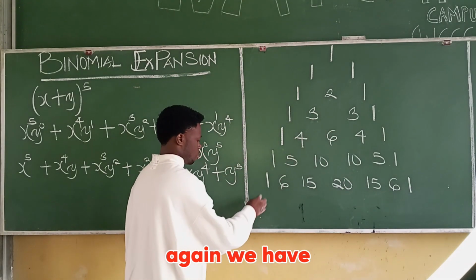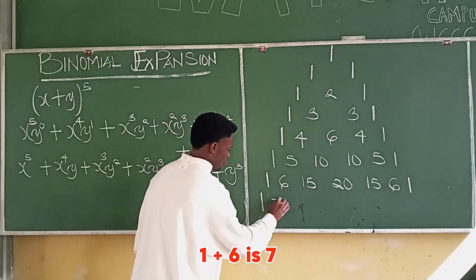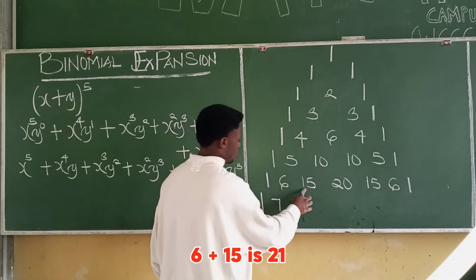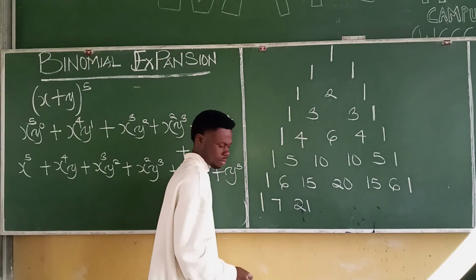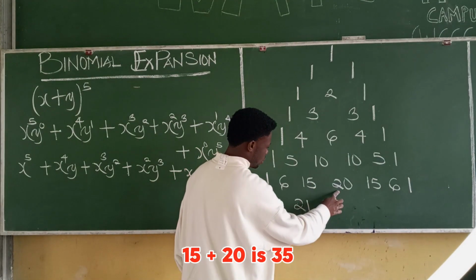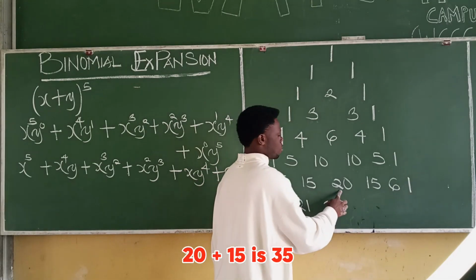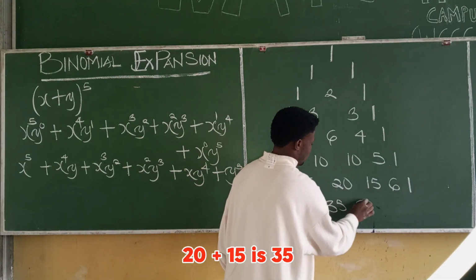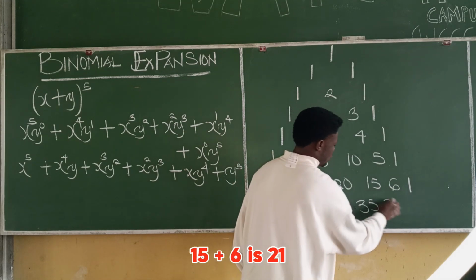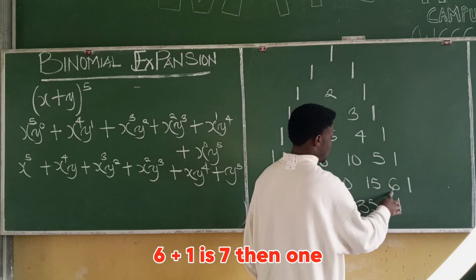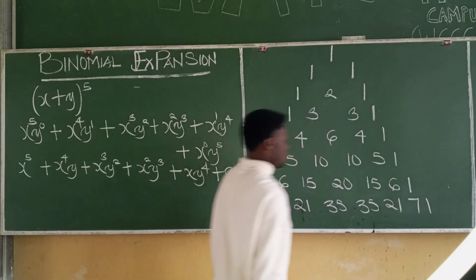Again, we have 1. 1 plus 6 is 7. 6 plus 15 is 21. 15 plus 20 is 35. 20 plus 15 is 35. 15 plus 6 is 21. 6 plus 1 is 7, then 1.